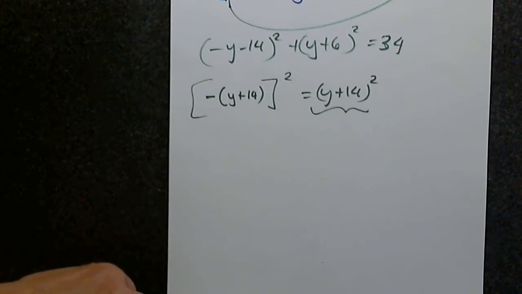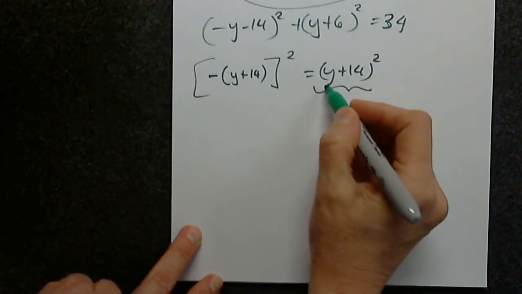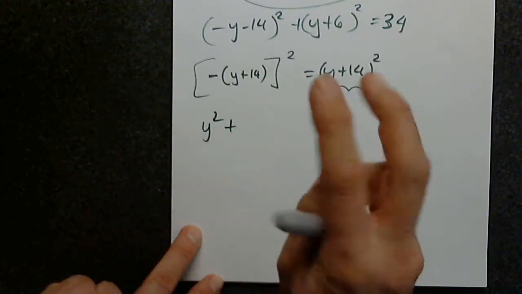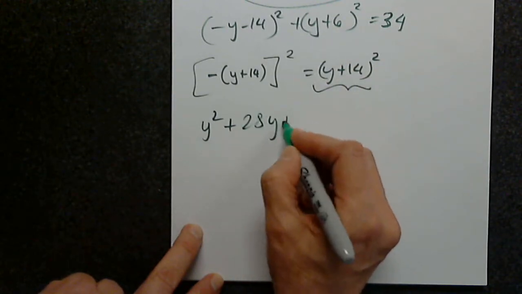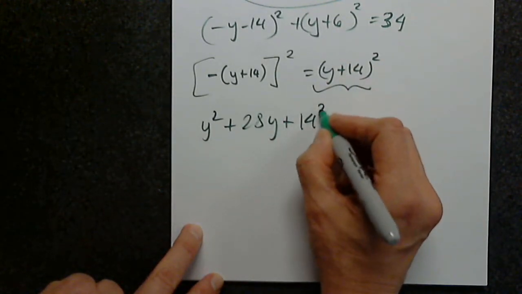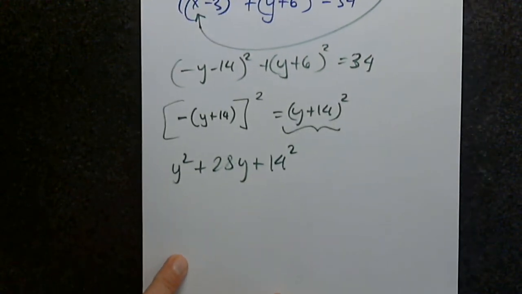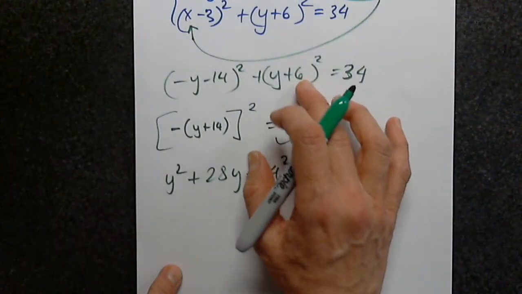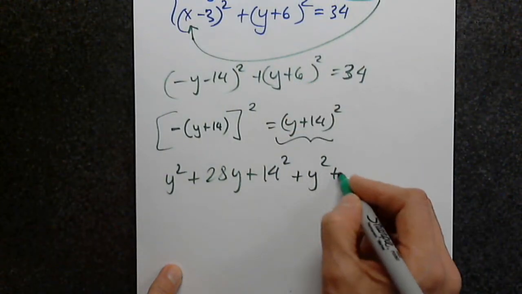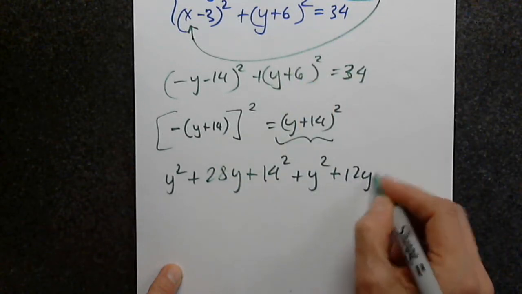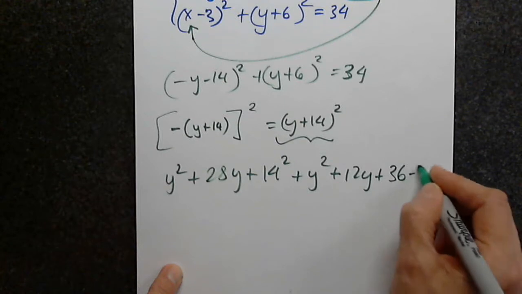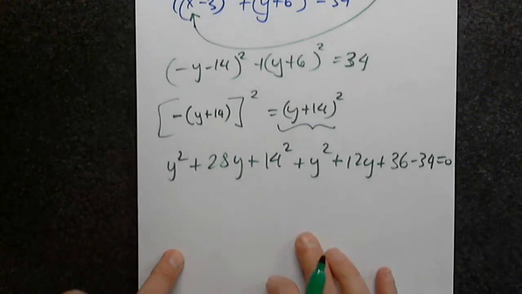Okay, so please remember, yes, a binomial squared is 3 terms. Perfect. So the first term squared plus 2 times the first times the second plus the second term squared, whatever that is, we'll check in a moment. The same thing for the other one, right? Plus y squared plus 2 times the first times the second plus 36 minus 34 equals 0.